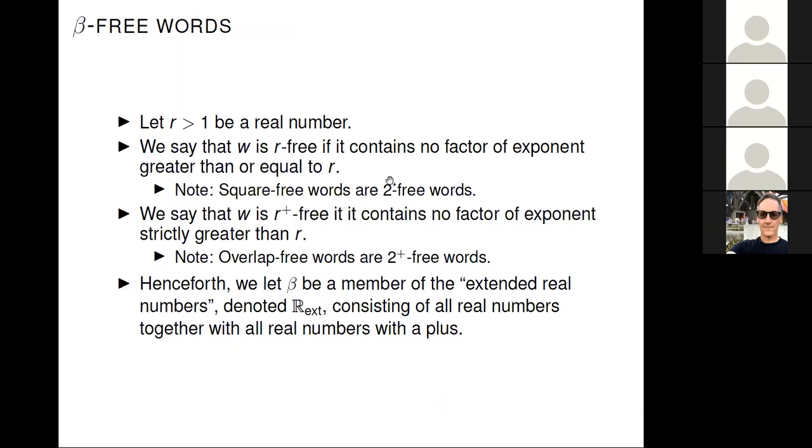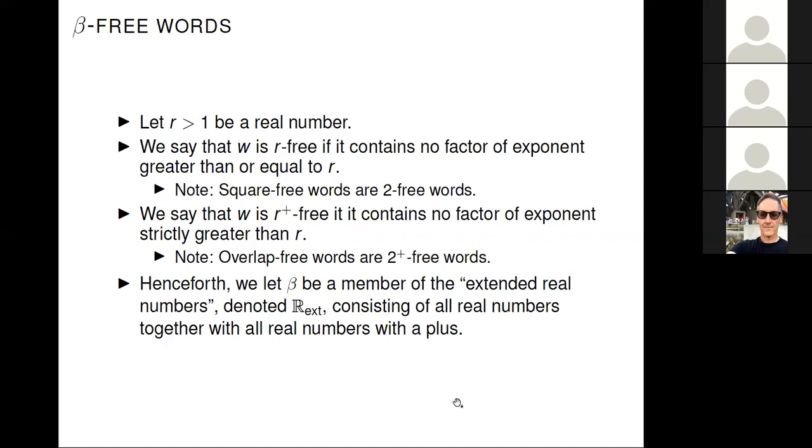So again, we're interested in words that don't contain these words of large exponent, right? So we say that W is R-free if it has no factor of exponent greater than or equal to R. So for example, square-free words are exactly the 2-free words. And we say that W is R plus free if it contains no factor of exponent strictly greater than R. So overlap-free words are 2 plus free words.